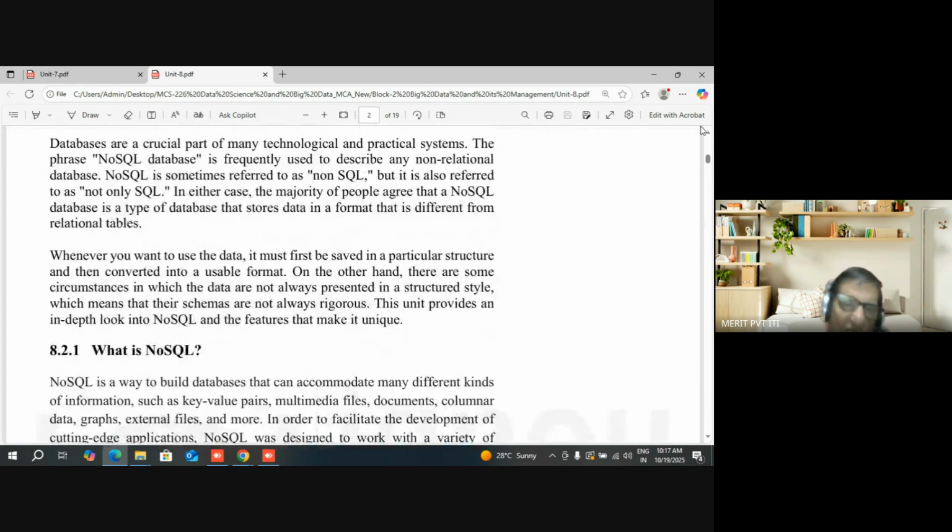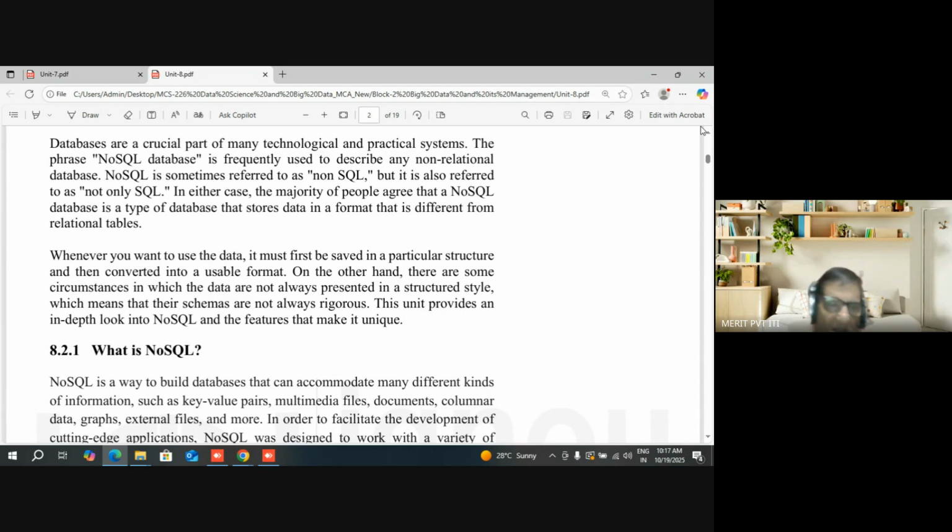Whenever you want to use the data, it must first be saved in a particular structure and then converted into a usable format. On the other hand, there are some circumstances in which the data are not always presented in a structured style, which means that their schemas are not always rigorous.